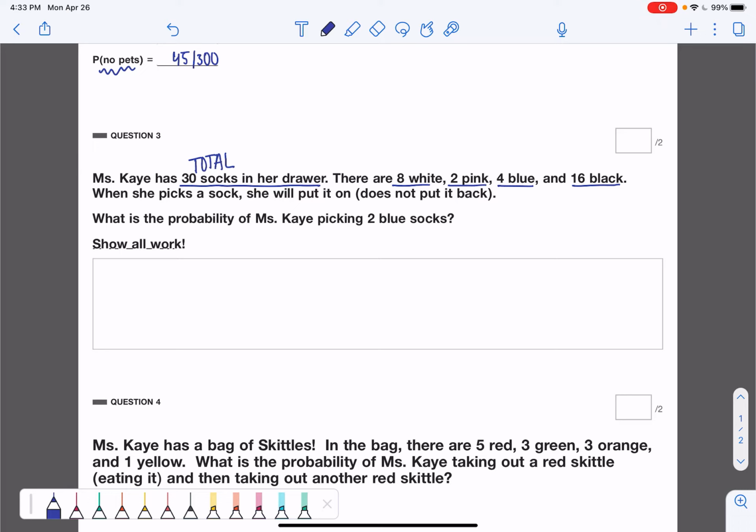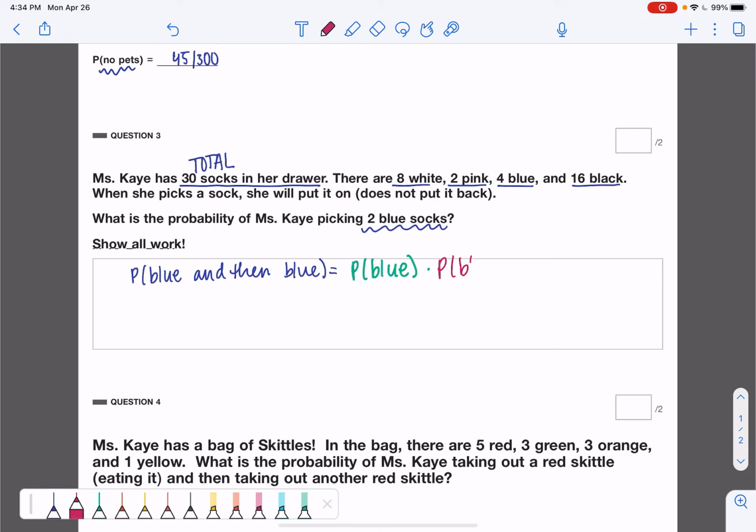What's the probability of Miss K picking 2 blue socks? So it's the probability of blue and then getting another. When we have and then, we do our first probability times the second probability.